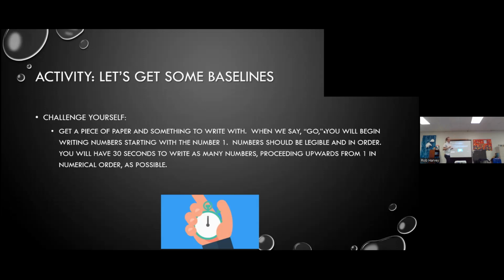What number did you get to? 38. 32. 36. 72. 42. Okay, so we got a range of mid 30s to mid 40s. So no huge outliers. That's pretty cool.